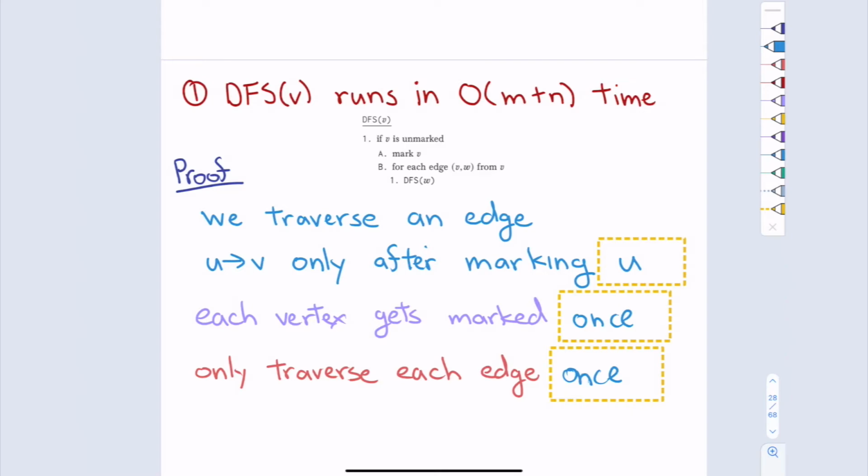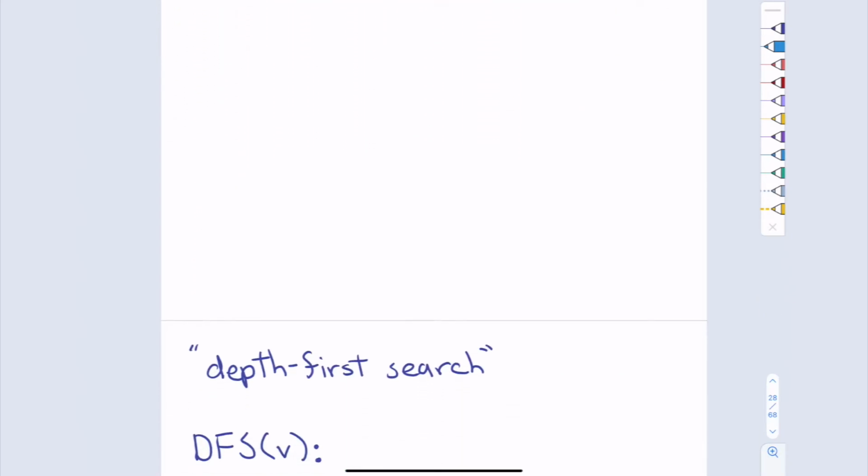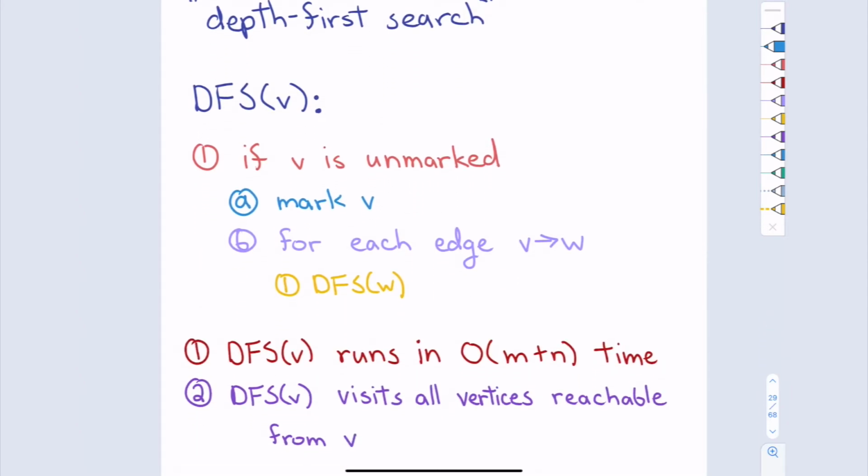Okay, no big deal. So that's it. Depth first search. Very practical, very simple. I'm guessing you might have seen this before in some class. It takes linear time. It's going to visit everyone reachable from V. It's very nice.